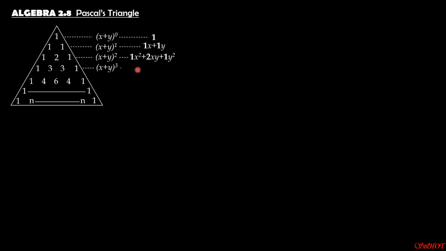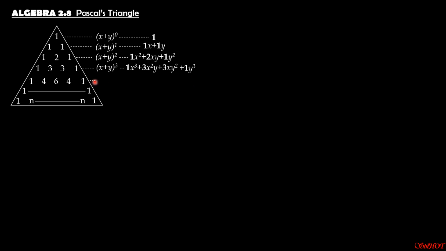So we have 1x cubed, and take note of the properties. 1x cubed plus 3x squared y, so the exponent of the first descends by 1 and the exponent of the second ascends by 1 from 0 to n, for the first term from n to 0. So that's why the next is 3x, then y squared, then plus 1 y cubed.